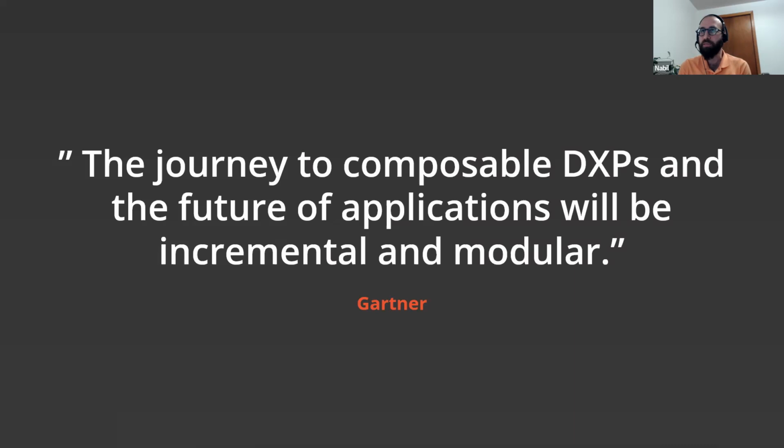We shouldn't expect organizations, clients or brands to have one project and switch to composable overnight. It's a journey, not a destination, and it requires agility, incrementally and in a modular way, to get there.